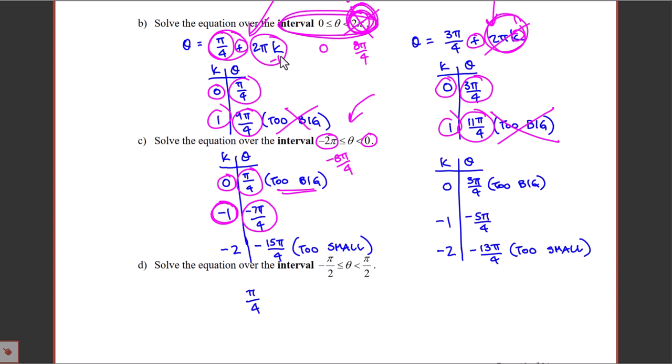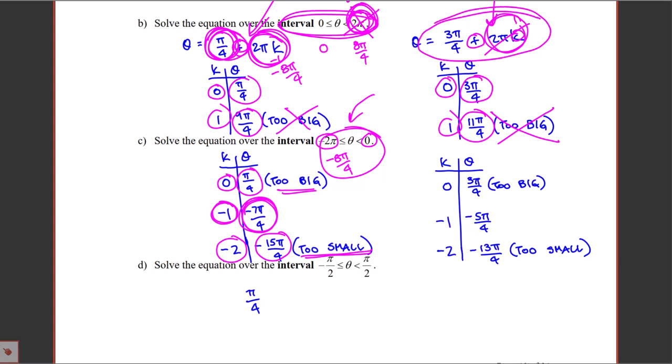If I plug in negative 1 here, that's going to be negative 8 pi over 4 plus 1 pi over 4. That's going to be negative 7 pi over 4. And that's in here. But if I plug in negative 2, it's going to be negative 15 pi over 4, and that's too small. It's too negative.